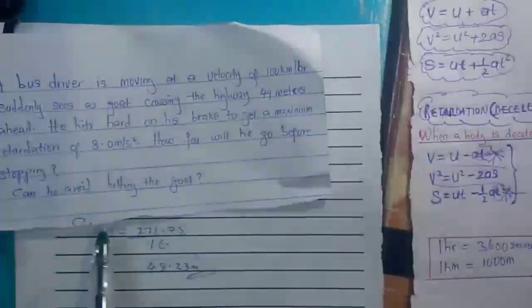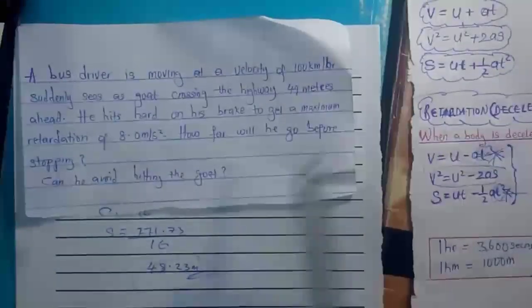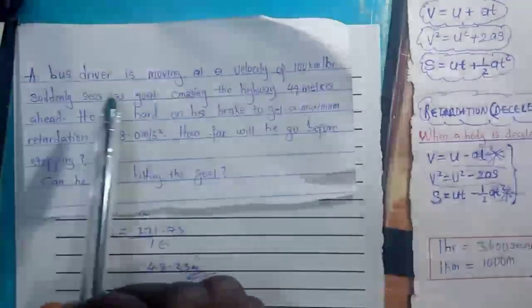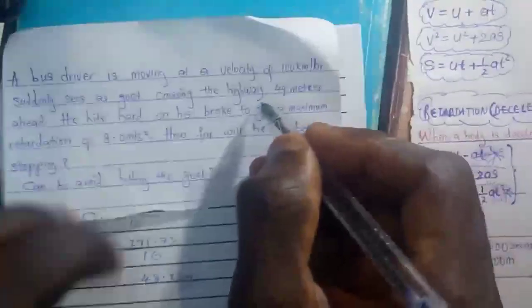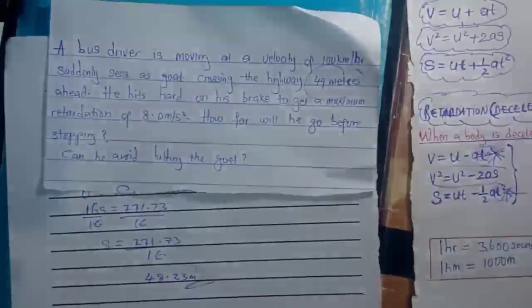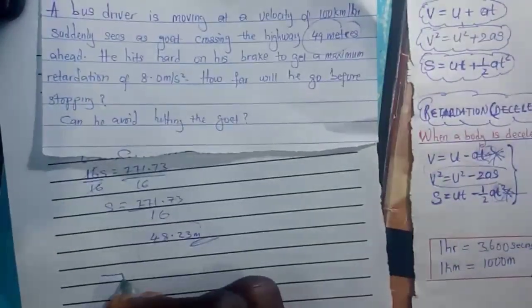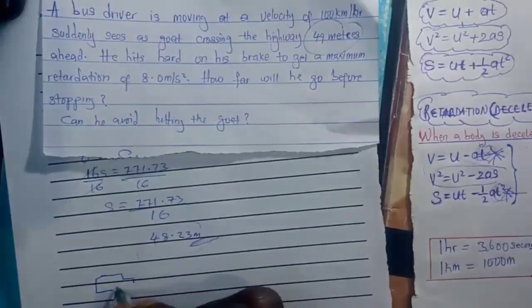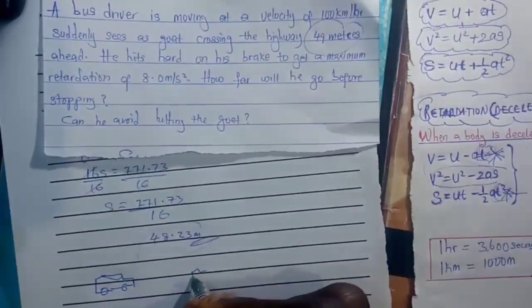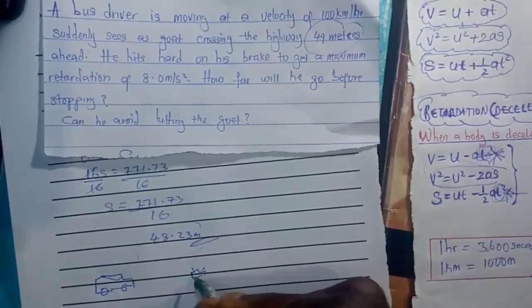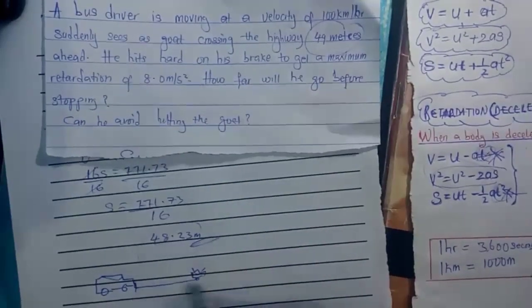Now, on to the last question here. Can he avoid eating the goat? You have to look at the question again. A bus driver is moving at a velocity of 100 km per hour, suddenly sees a goat crossing the highway 49 meters ahead. So the goat is still 49 meters ahead. Say this is the bus, and this is our goat here. Don't mind my diagram. The distance between the bus and the goat is 49 meters.